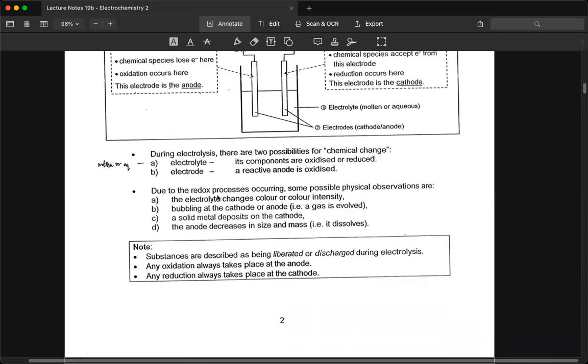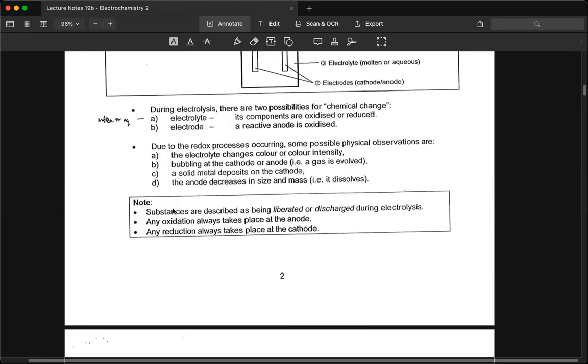Due to the redox processes occurring, some possible physical observations include a change in color or intensity of the electrolyte, bubbling or effervescence observed at the cathode or anode, which indicates the evolution of a gas, any solid metal deposits on the cathode, or the anode decreasing in size as it dissolves in the electrolyte. So just remember, oxidation always occurs at the anode, and the cathode is where reduction takes place, red cat.